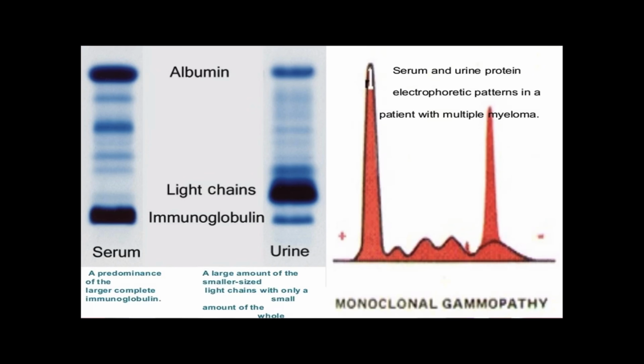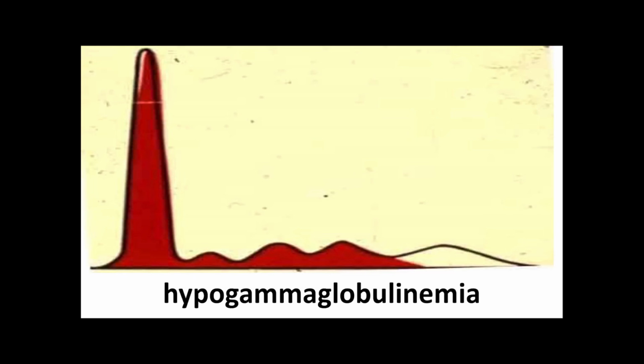And also you have here the electrophoretogram. So this one is the opposite of monoclonal gammopathy, because you can observe here a decreased gamma globulin region. And in the monoclonal gammopathy, you have a tall spike in the gamma region. So this is what we call as the hypogammaglobulinemia. Hypo means decreased.